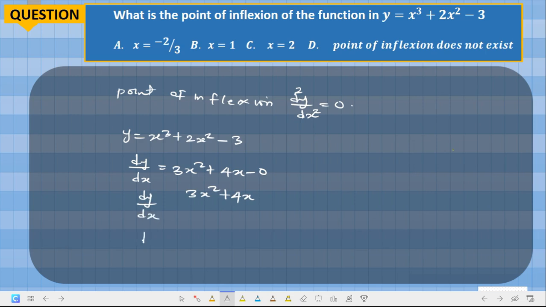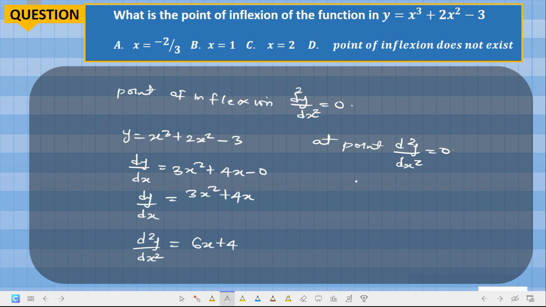Now the next thing is d square y ds square. What does that mean? It means you should differentiate dy ds again to get the second derivative. So this gives us 6s plus 4. So at the point of inflection, your d square y over ds square must be equal to 0.